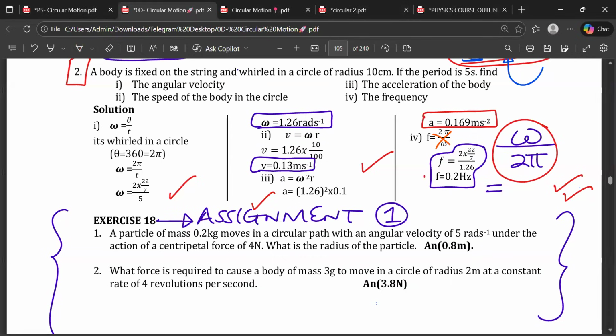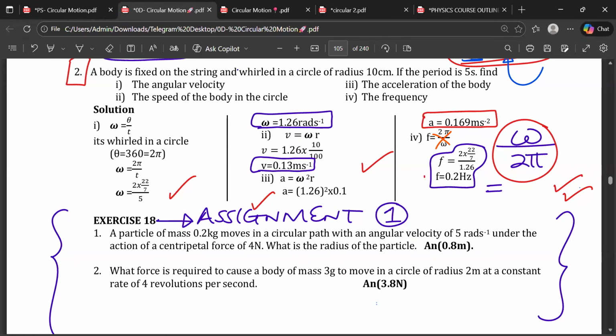Sam, I would like to inquire how they got the acceleration. Is it correct if you place it in the calculator like that? Let me check. 1.26 squared times 0.1.